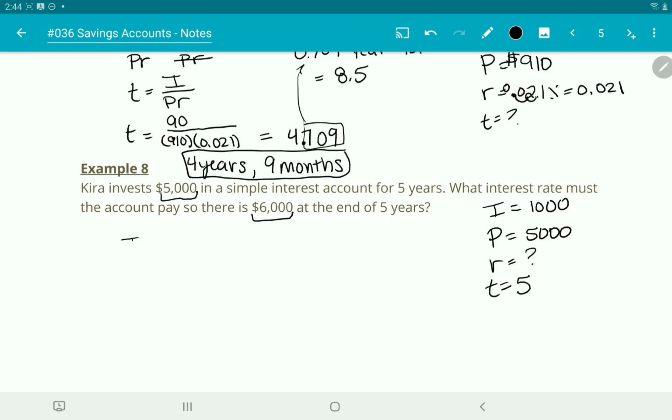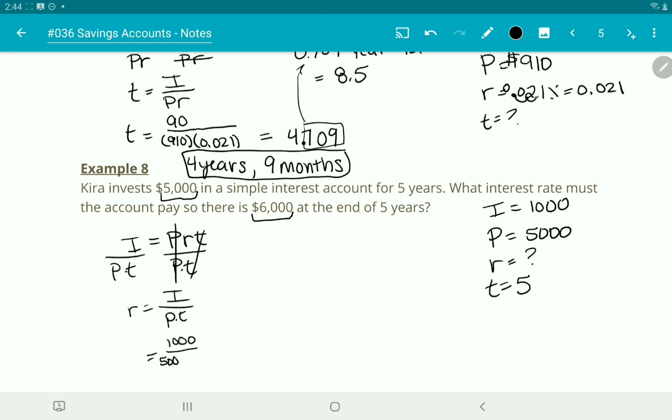So again, we have I equals PRT. We need the R, so in order to get rid of those things, we're going to divide by P and T. So those cancel out. We still have these on this side. So we have that R is going to be equal to I divided by P times T. Okay, so the interest that we've gotten on the account at that point will have been $1,000.